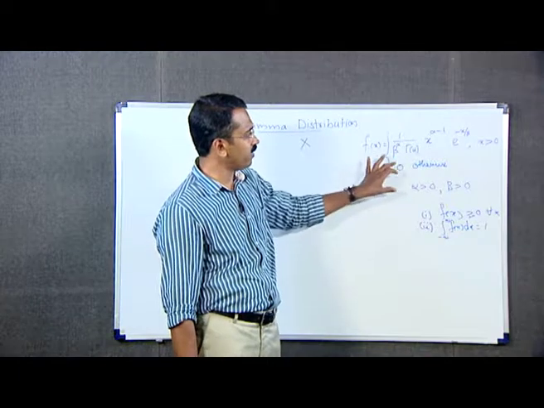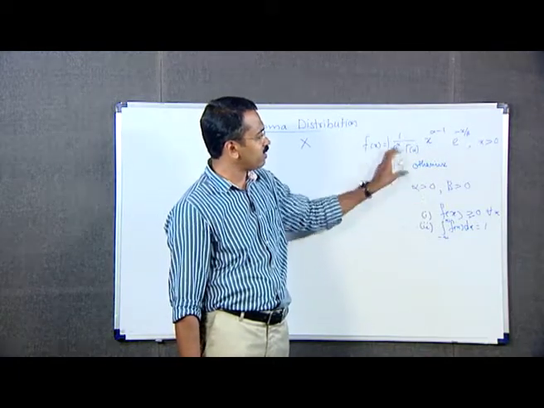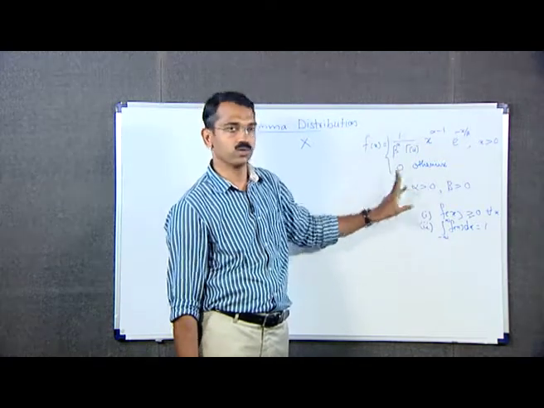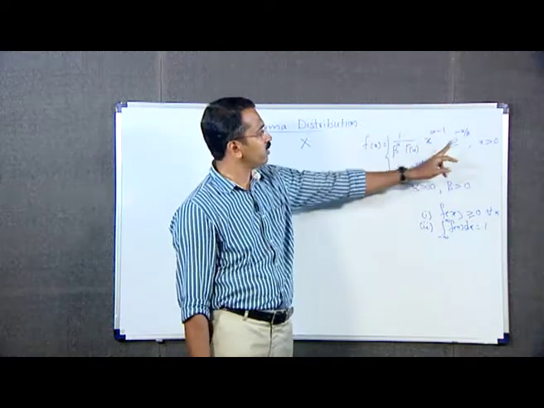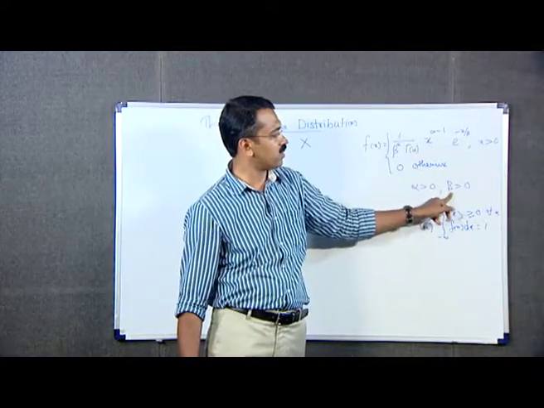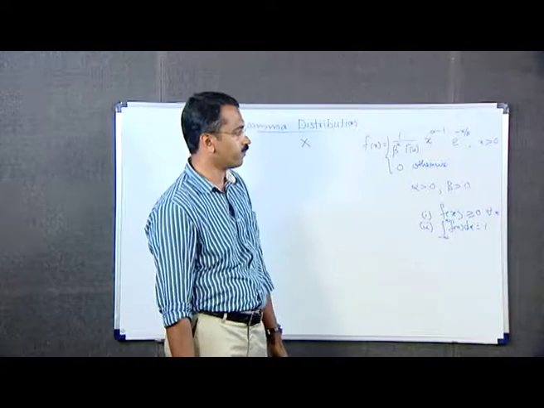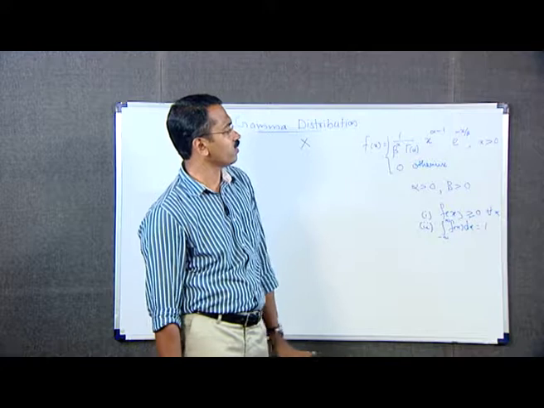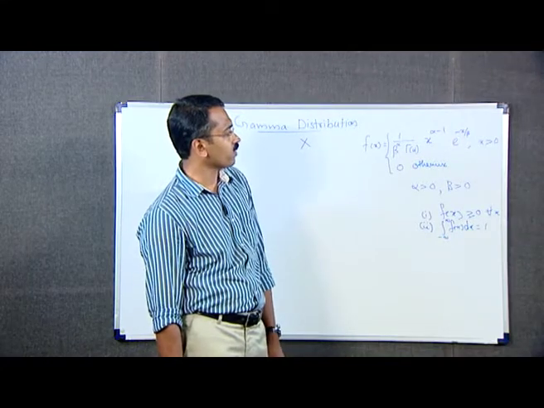Here, obviously, this function is always greater than or equal to 0, because x is greater than 0, α is greater than 0 and β is also greater than 0. Therefore, this term will be greater than 0.